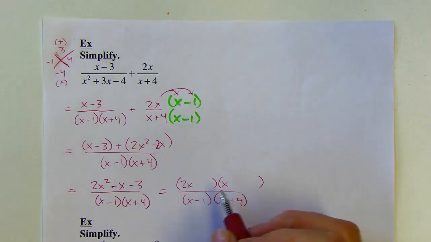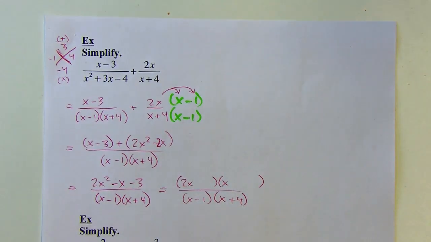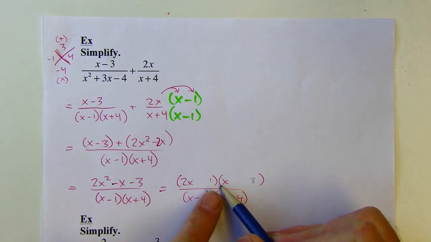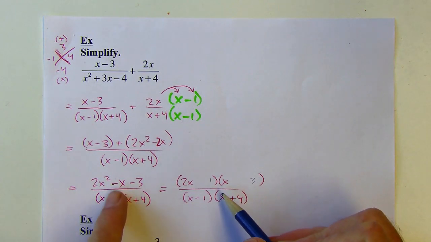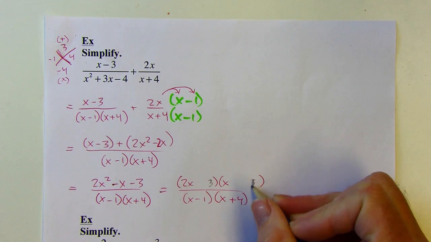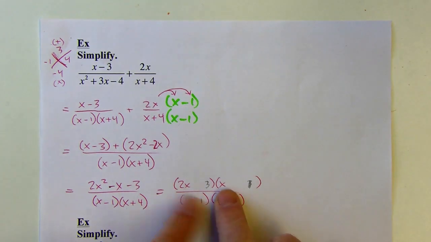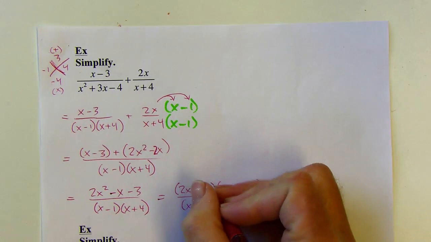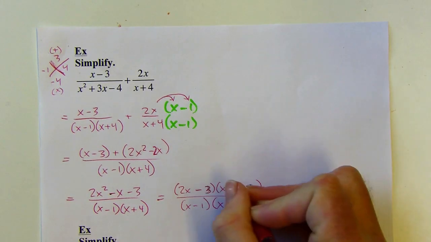So I kind of am just playing around with the possibilities. You know, maybe use a pencil. If I put a 1 and a 3 like this, then I'll have a 6x and a 1x. But I can't get to negative 1x from that. So let me switch these, see what happens. So now I'll have a 2x and a 3x, and I can make a negative x out of that if the 3x is negative and the 1x is positive.